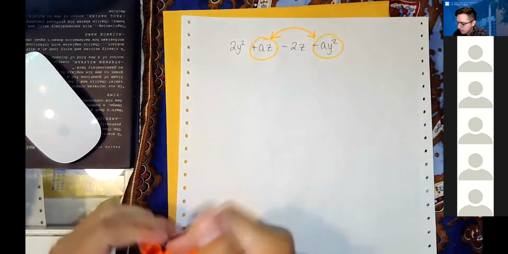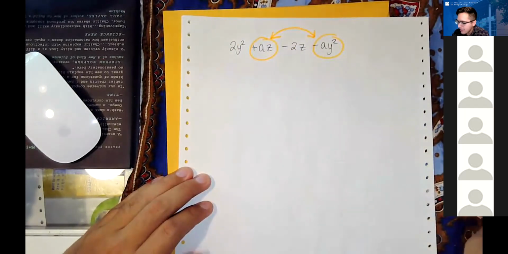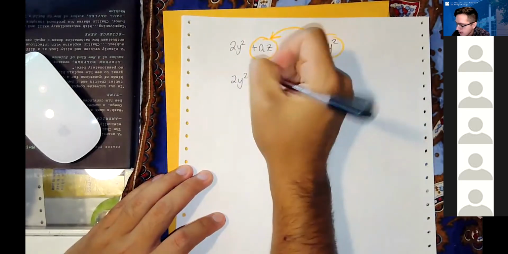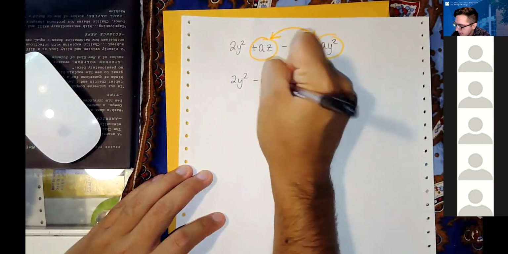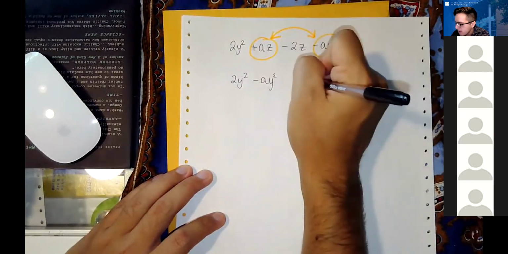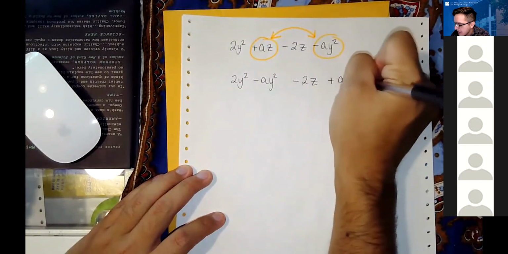So they're going to switch positions, but the first and the third term will stay in the same position. So we'll have 2y squared, then we have minus ay squared. That looks nice now because they have a y squared in common. But now I'm going to put -2z plus az.